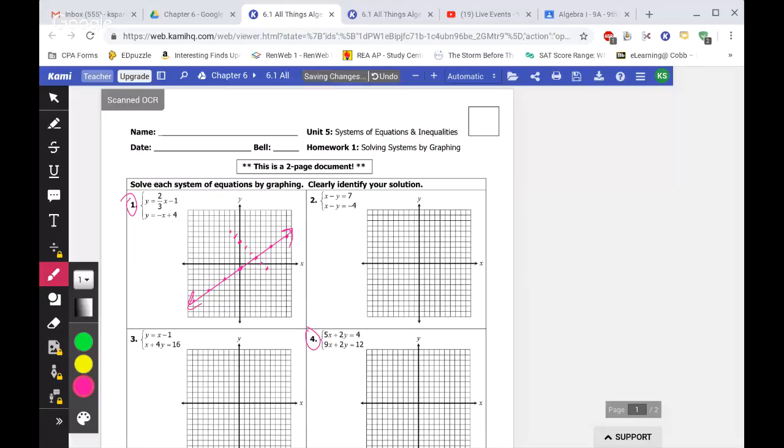So I want my heavier line or points to be toward the actual line so I can see where they intersect because the solution is where they intersect. So this point right here is where they intersect. What are the X and Y coordinates of that point?